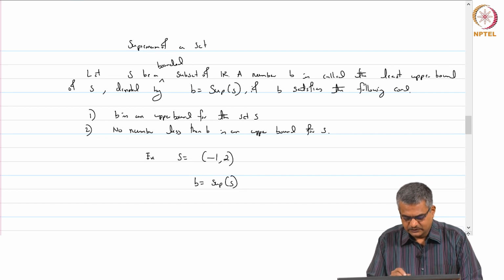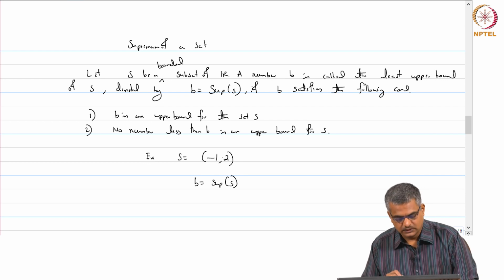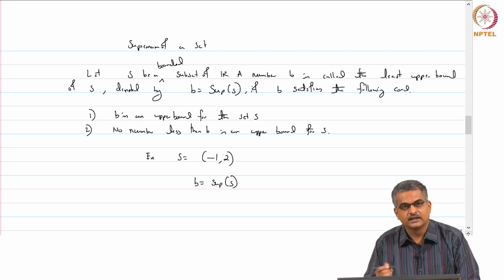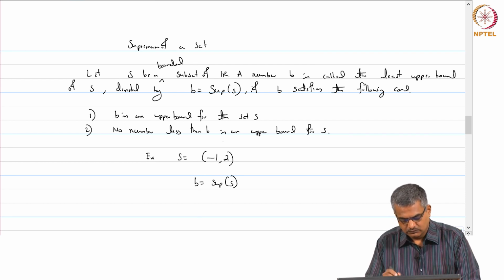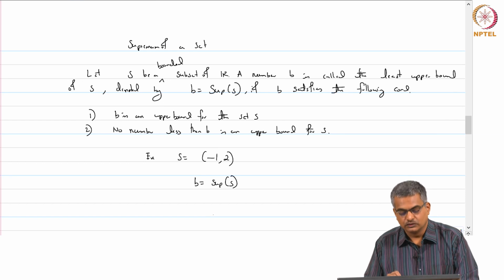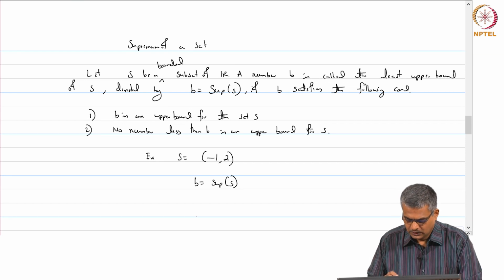So, it satisfies both of these. As I said, 2 satisfies the first condition, it is an upper bound for the set S because all numbers are less than 2, and the second condition also holds, there is no number other than 2 which satisfies the upper bound condition. Okay.